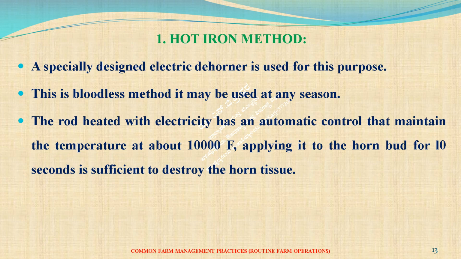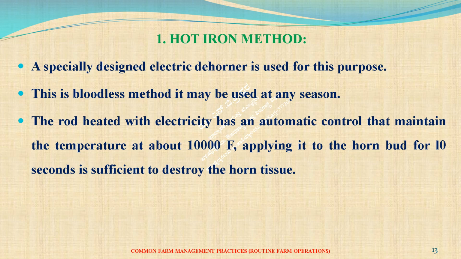Then the hot iron method is another method. A specially designed electric dehorner is used for this purpose. This is a bloodless method. It may be used at any season.